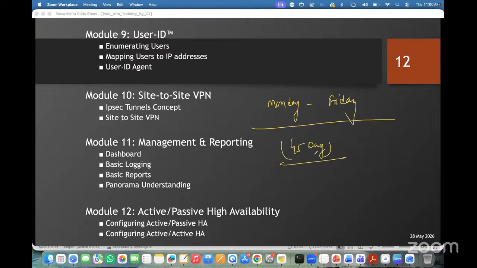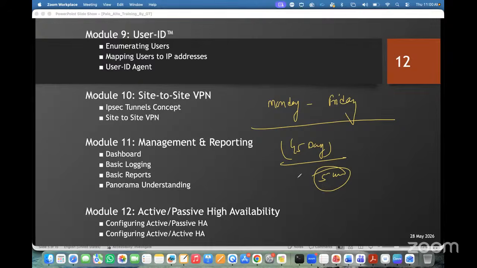It's going to take 6 weeks, sometimes even 5 weeks we can complete, because it is a 30 hours course. So if we have a class daily, then it's going to be 5 weeks. Sometimes not only 1 hour, sometimes we extend, like 60 minutes, sometimes 70 minutes, 75 minutes as well, based on discussion.